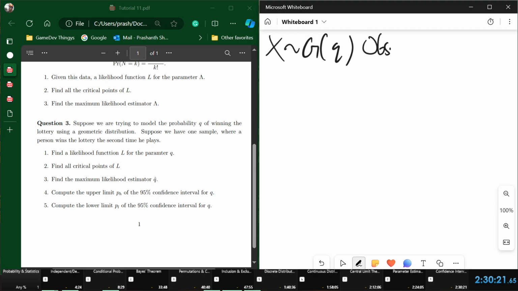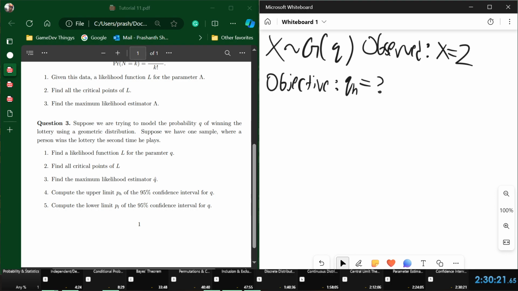So we observed that x was 2. And our objective is that we want to find QH. I'm going to write QH and not PH. I want to find QH, the high value of Q, that still allows this to happen. So QH is high. It's higher than what Q probably is.